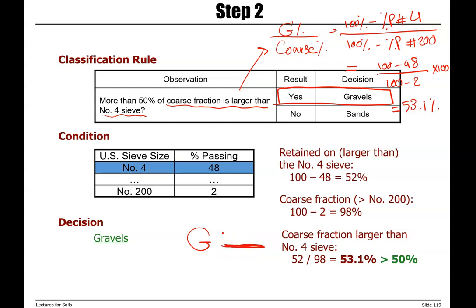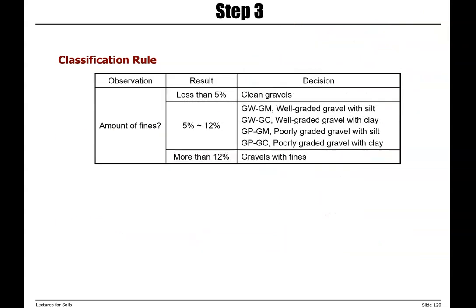Now we need to find the second letter to describe our gravel. So we need to go back to percent passing from number 200, which was 2%, which is less than 5.